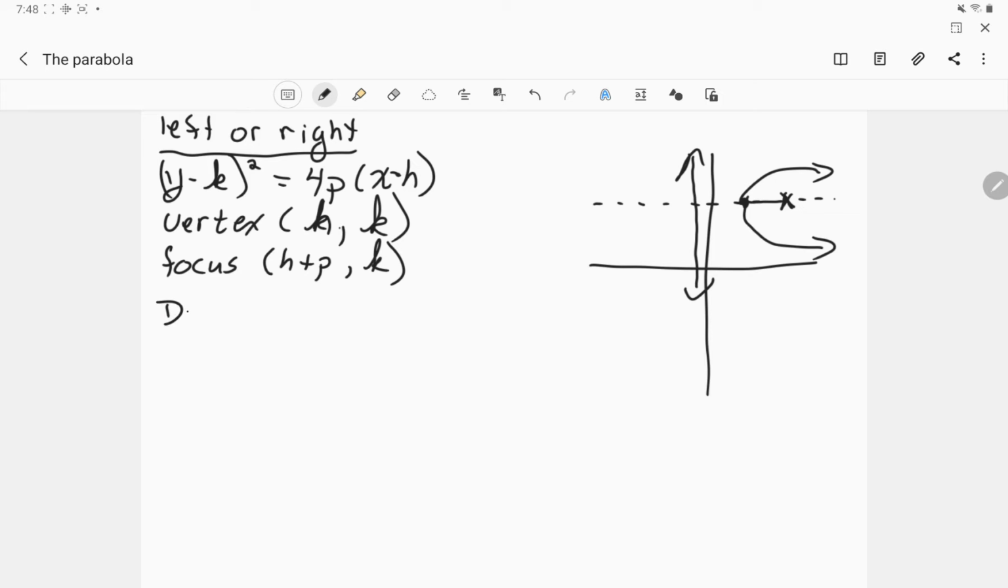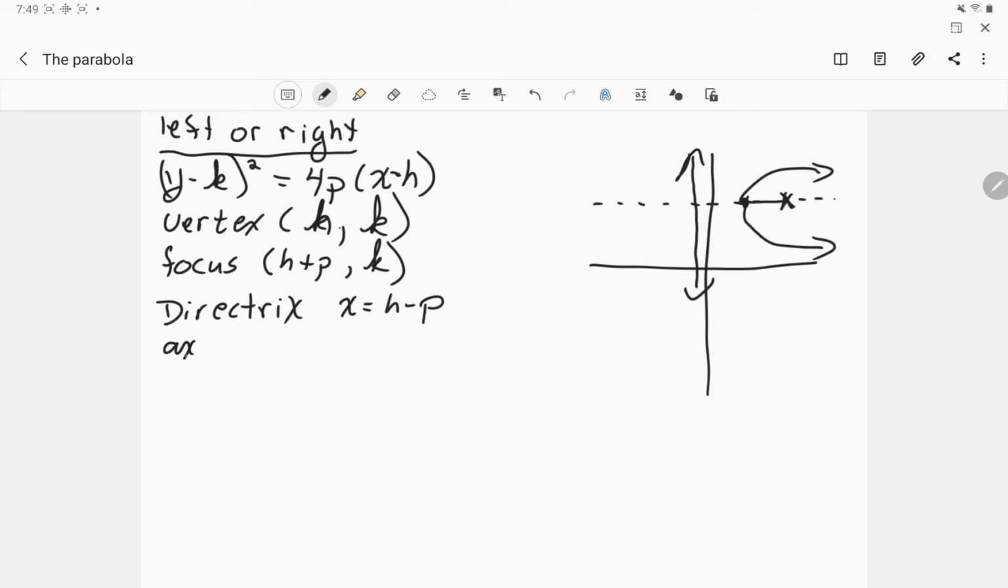Your directrix is now going to be all the y values, right? Because it's going up and down. So it's going to be, and again, I tried to make a point and it's not, it's like an equation. It's going to be x is equal to h minus p.